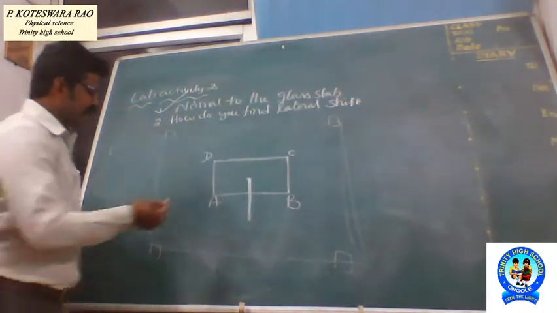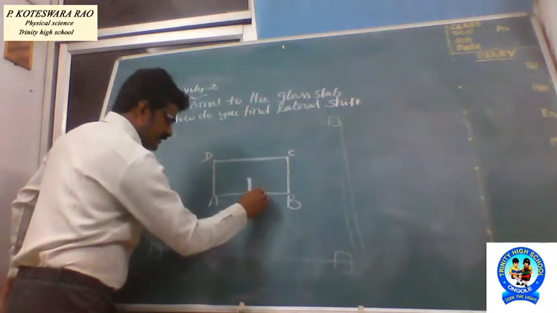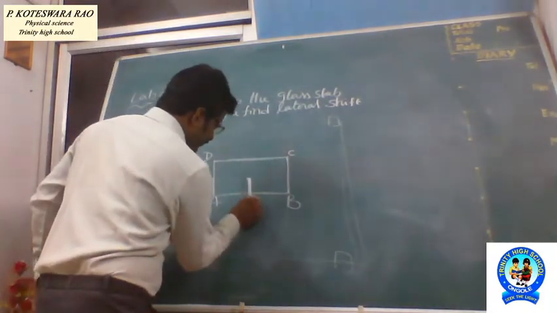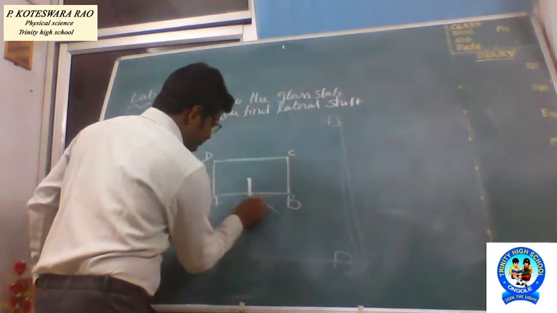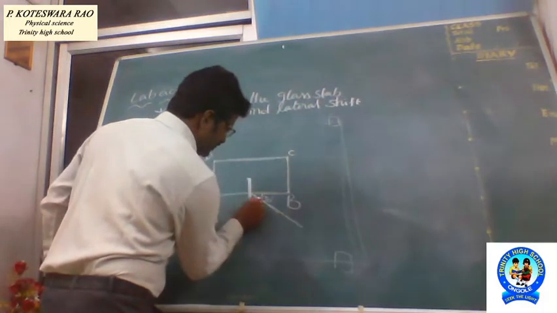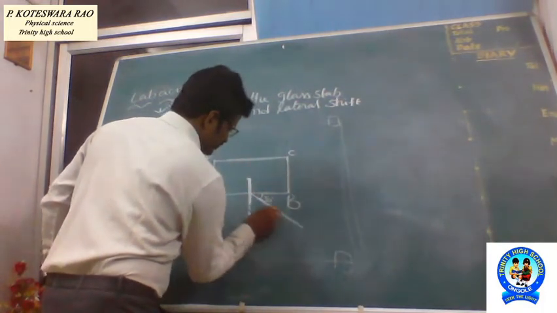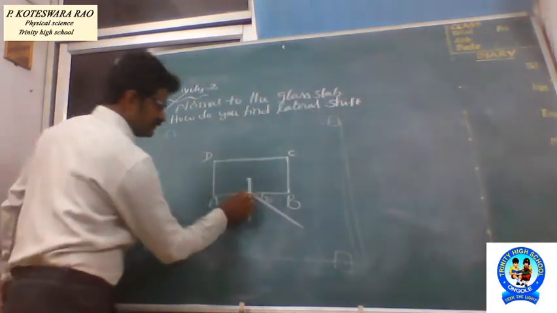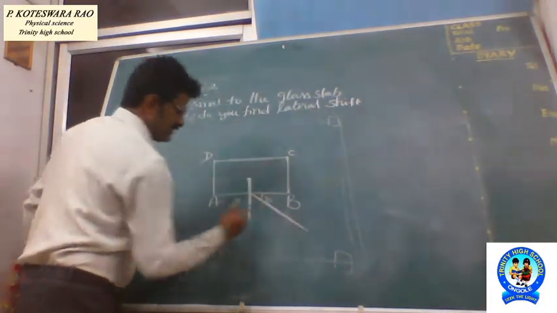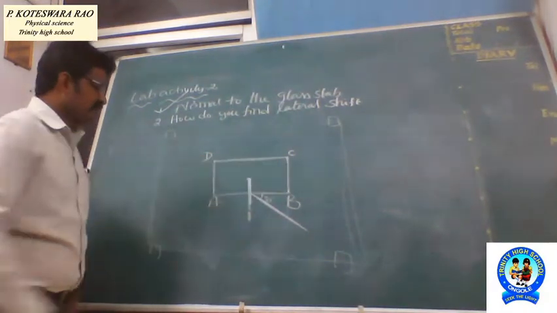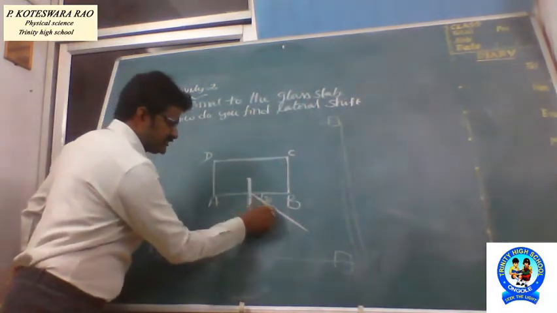Then taking the protractor and scale, make a 30 degrees angle. We draw one incident ray, making a 30 degrees angle here.